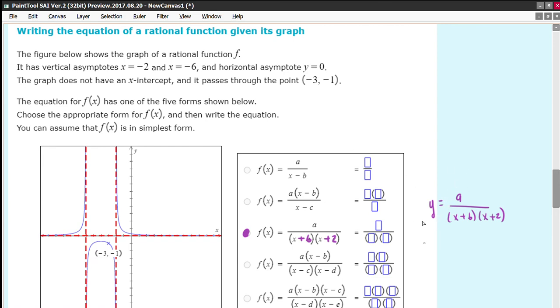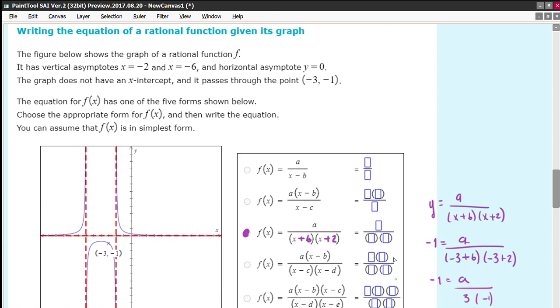This means -1 equals a over (-3 plus 6) times (-3 plus 2). Because if this point is in the graph and we force it into the function, we can find a value for a. So if I solve for a, this is going to be a over 3 times -1.